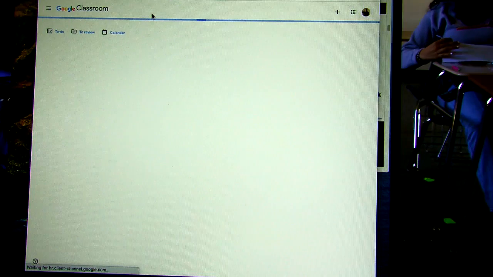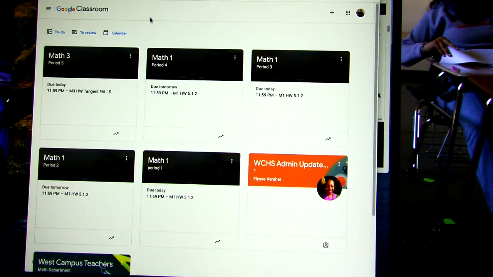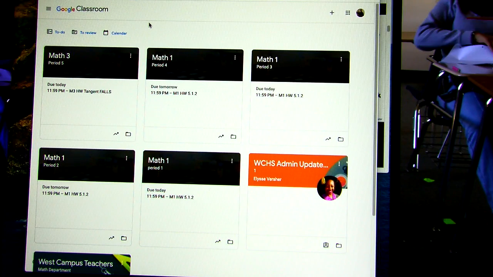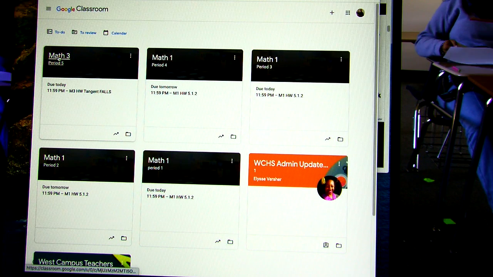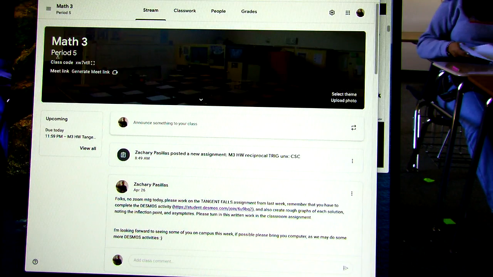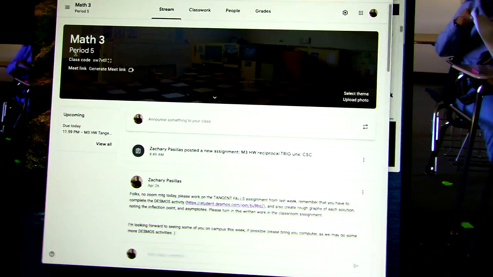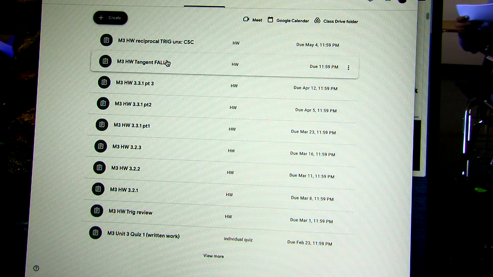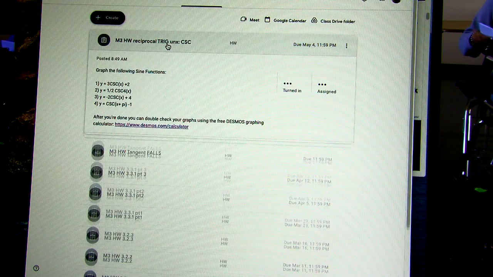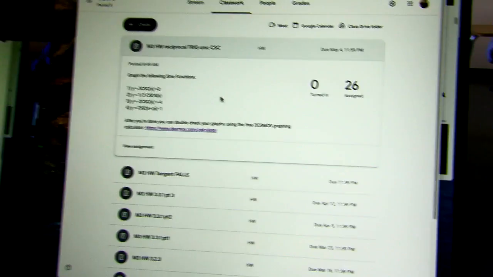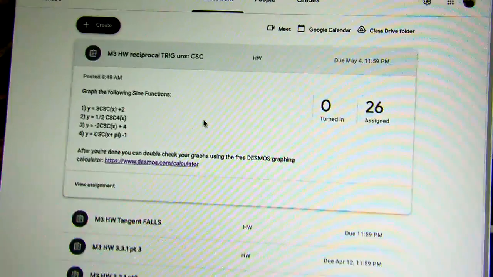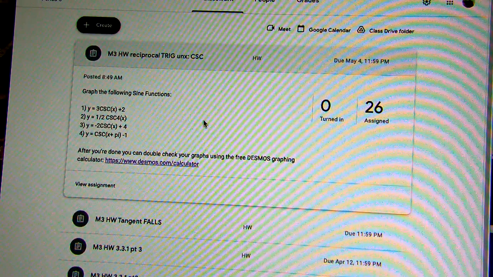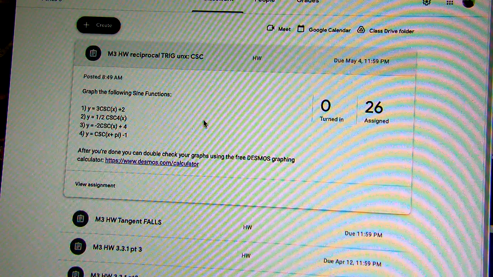All right, guys, take a look at this as you are wrapping up the work we got in the classwork. I did not give you a ton for this. So this is the first one, cosecant. And you could see that all you really have to do is graph four different functions.